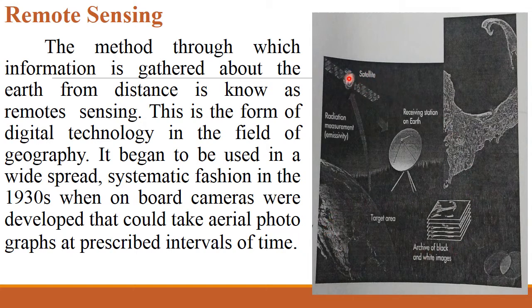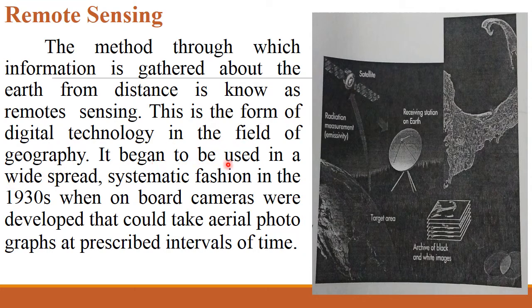Then this data collected from these lands is transmitted to a receiving station on the earth, a system which continuously gets information from satellites about the different terrains of the earth. This is a form of digital technology in the field of geography.